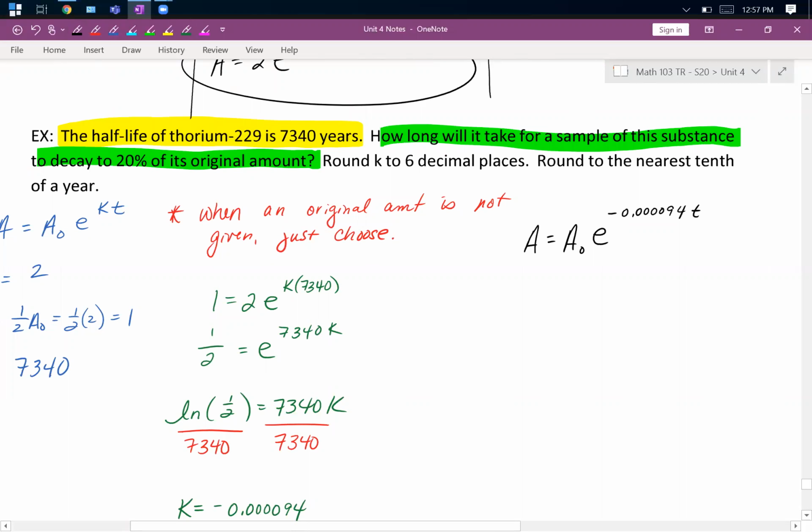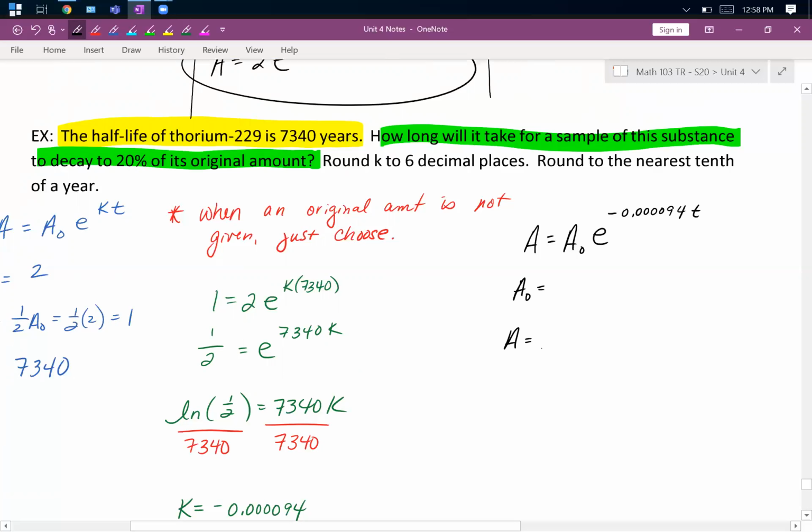Now it's time for the question. How long will it take for a sample of this substance to decay to 20% of its original amount? We're solving for t because it's saying how long, so that's a time. That means that we need a value for A and a sub 0 so that we can plug it in.